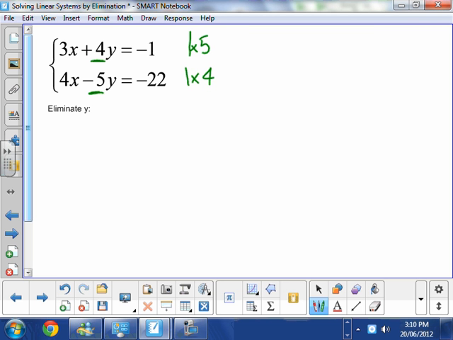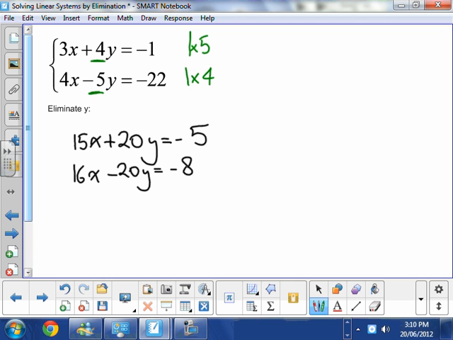Okay. So by doing it, I'm going to create a new system of equations that is equivalent to my given one because I multiplied both sides of my equations. Nothing is changed there. And what I will accomplish is for y to have the same but opposite coefficients, and in our case it's 20 and negative 20. Okay. And now just simply add both equations together.